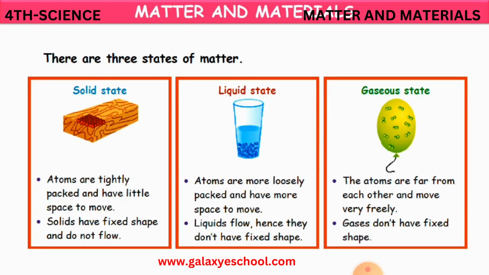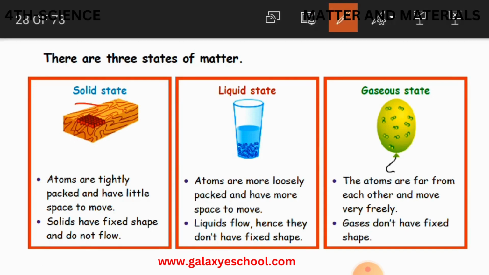Now, we said that we have three states of matter. What are they? Solid state, liquid state and gaseous state. In the solid state, atoms are tightly packed and have little space to move. If somebody holds you very tightly, can you move freely?